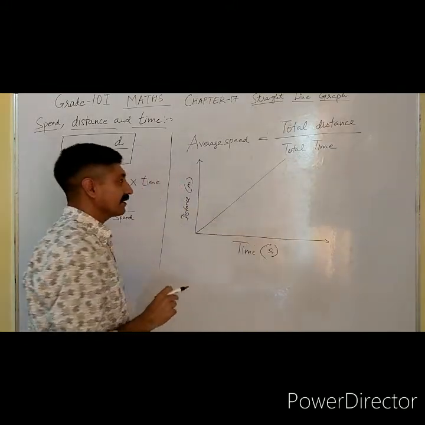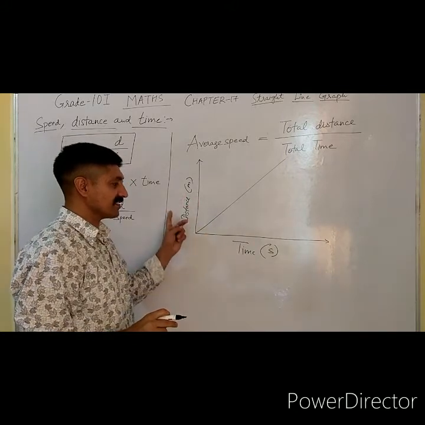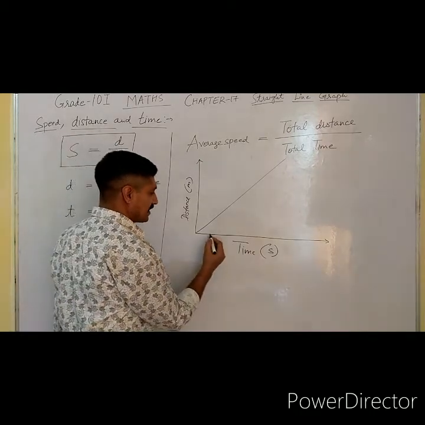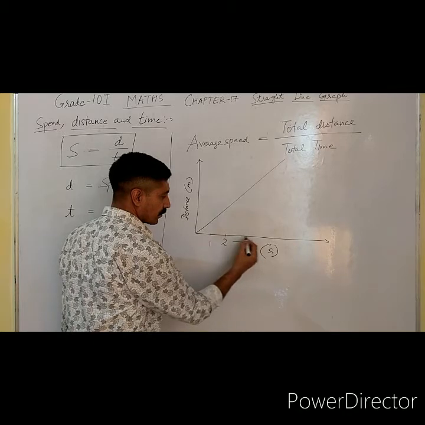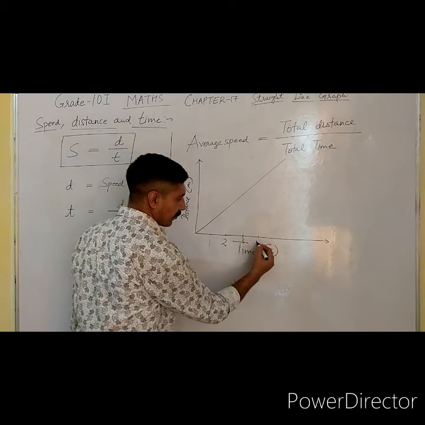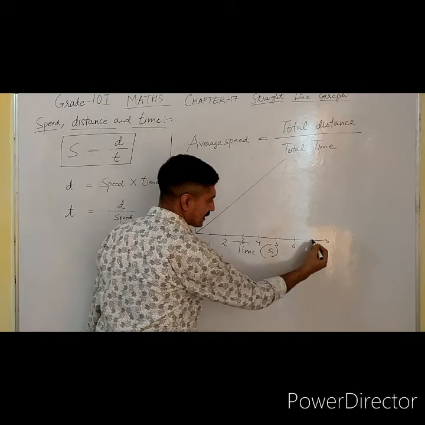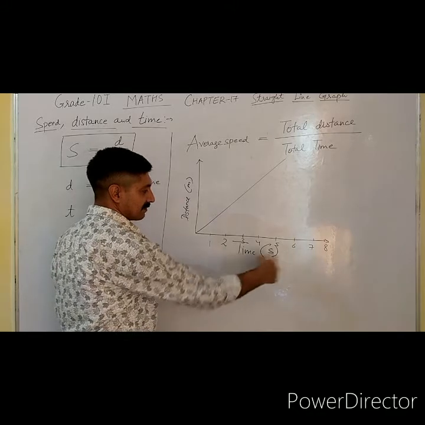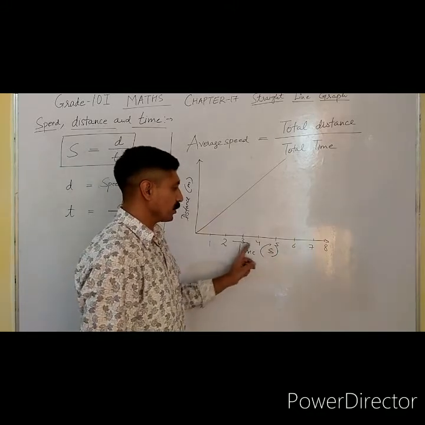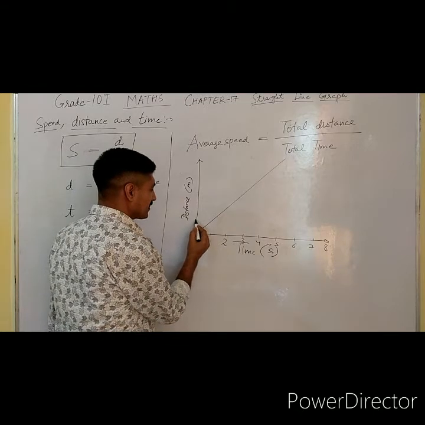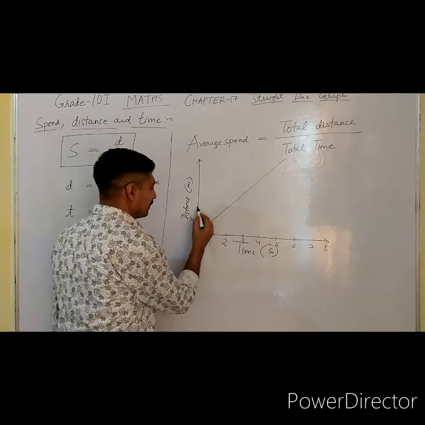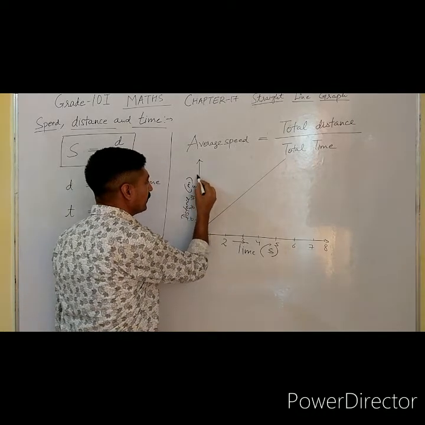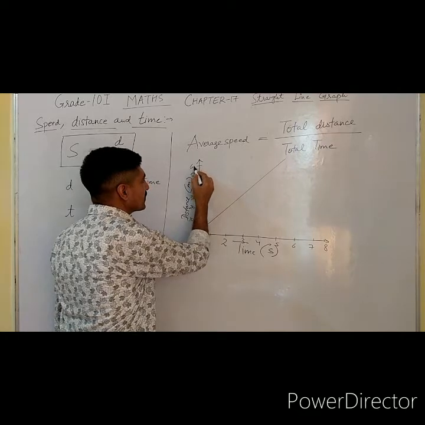This straight line shows the relation between the distance traveled and the time. Suppose the time is 1, 2, 3, 4, 5, 6, 7 and 8, in seconds, and the distance is 10, 20, 30, 40, 50, 60, and so on.